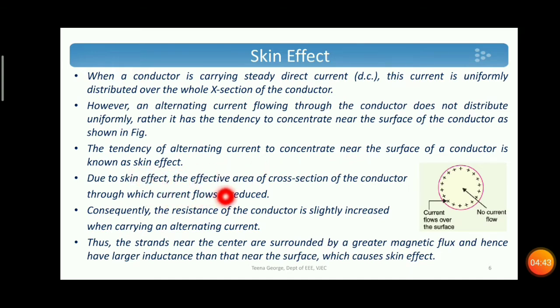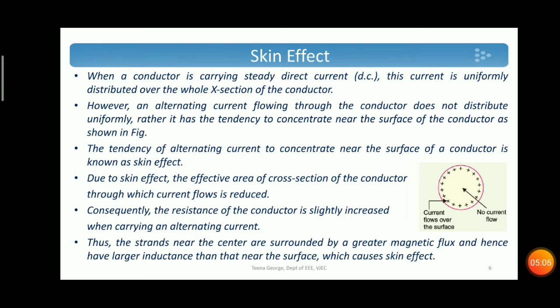Due to skin effect, the effective area of the current flow is reduced. So, due to the skin effect, resistance of the conductor is slightly increased when alternating current flows through the conductor.